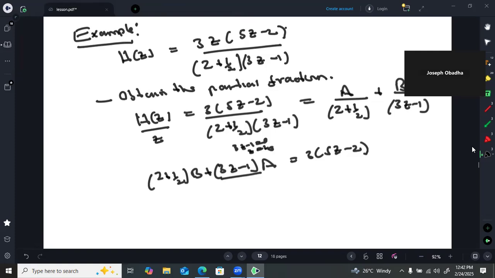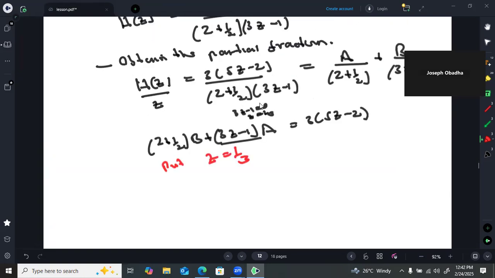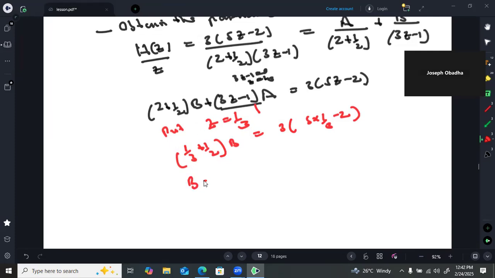If we put z equal to a third, then this one reduces to 0, so it will determine the value of B. So I will have (1/3 plus 1/2)B equal to 3(5 times a third minus 2). From here, you'll be able to get B equal to minus 2 over 5.